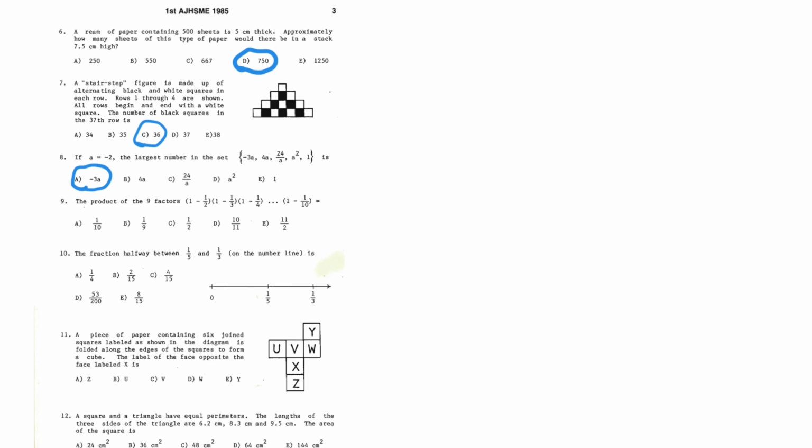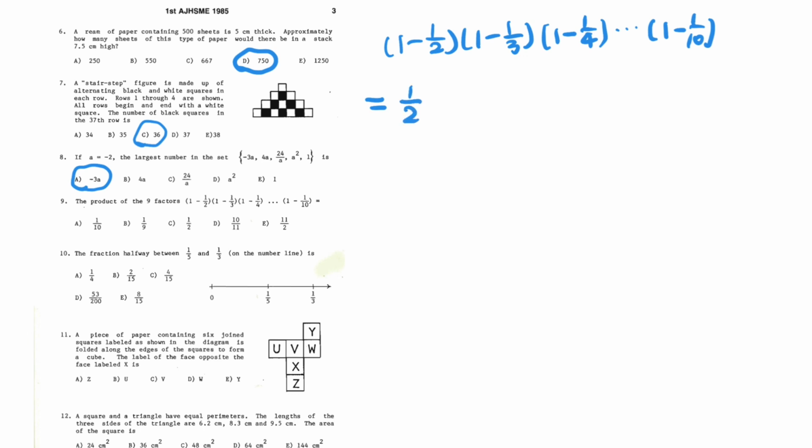Number 9. The product of the factors 1 minus 1 over 2, 1 minus 1 over 3, 1 minus 1 over 4. The pattern continues, and the last number is 1 minus 1 over 10. 1 minus 1 over 2 is 1 over 2.